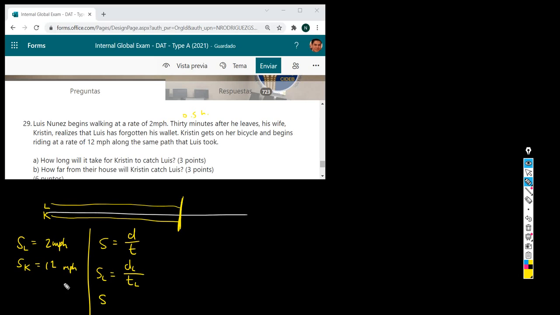And I can do something similar for Kristen: the speed of Kristen is equal to the distance covered by Kristen over the time spent riding by Kristen. So we have this equation and this equation. I can already make some substitutions: SL equals 2, SK equals 12, and I'm going to substitute it here. Forget about the units, they're not important at the moment.